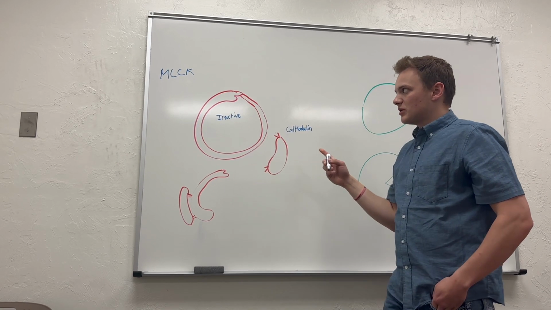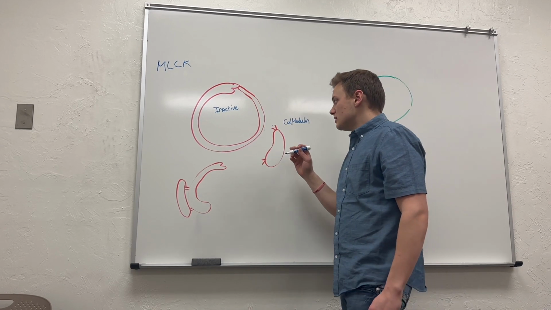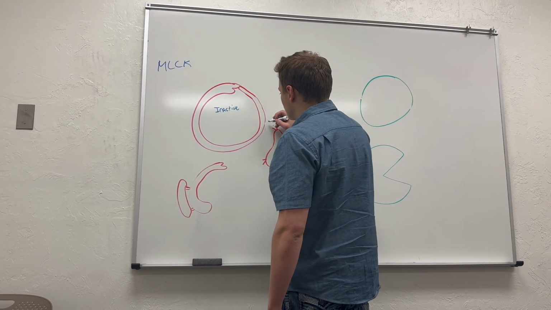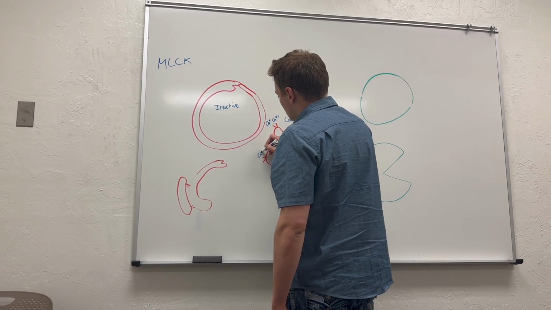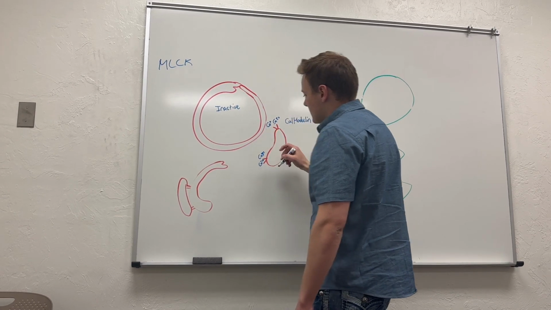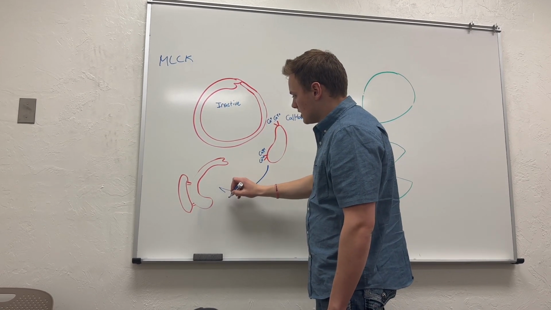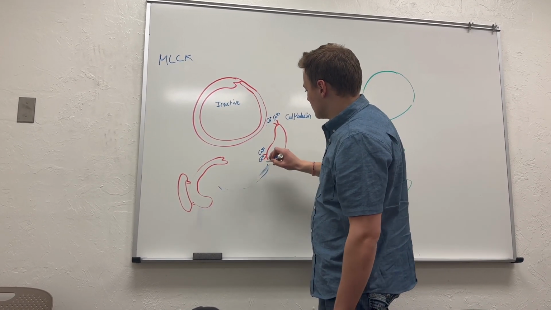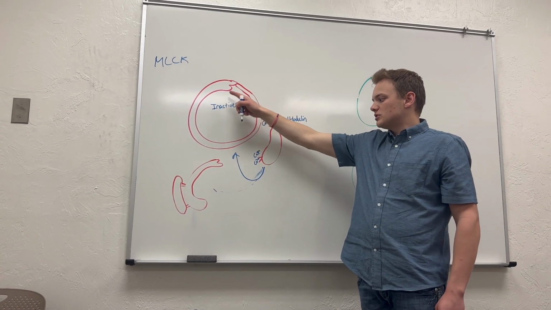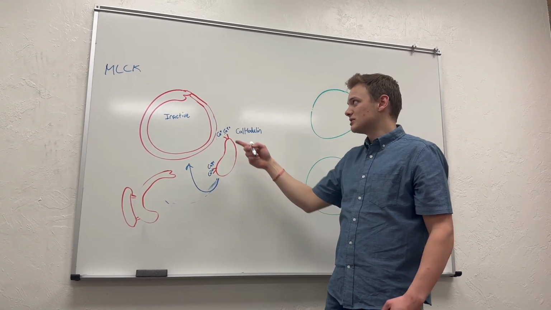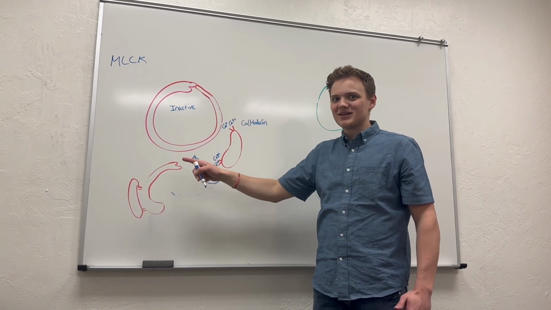So in order to activate MLCK, which we'll see later, contributes to the overall cycle of smooth muscle contraction, calmodulin first must receive calcium, 4 calcium to be exact, and then once it has all 4 calciums bound, our calmodulin is going to go and attack our snake-looking thing, and it's going to go from the inactive form to the active form. Now the primary difference between the two is this one has its tail in its mouth, this one does not. So this snake is ready to bite and do stuff inside the body.